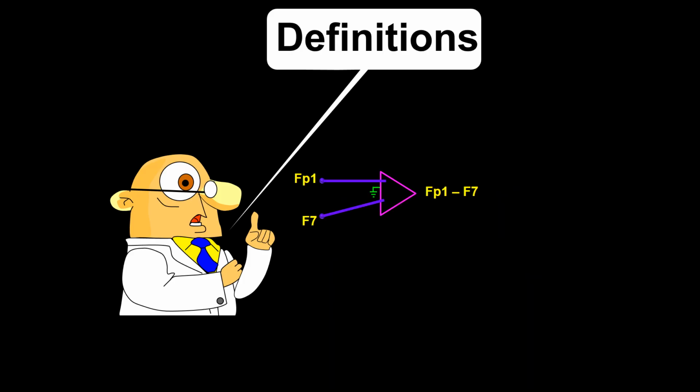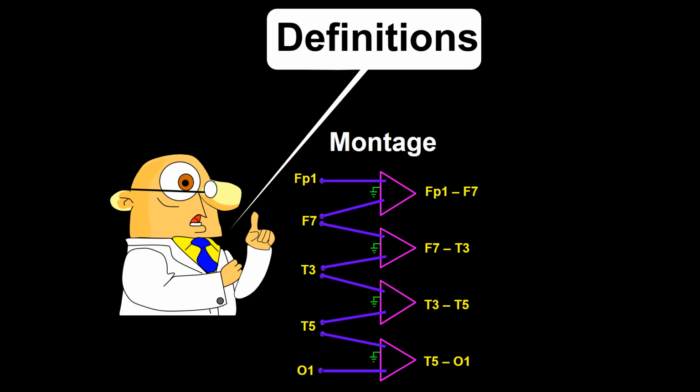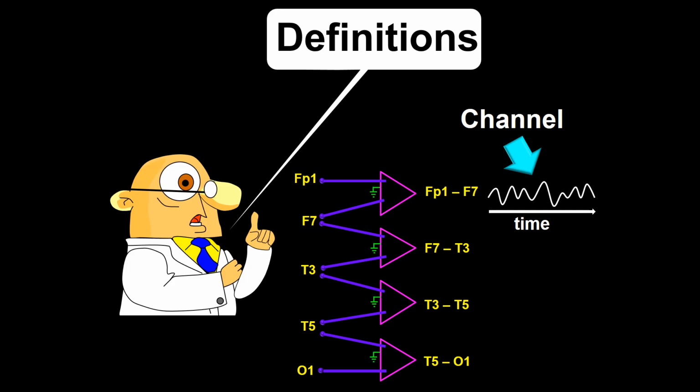2 electrodes, here represented as FP1 and F7, connected to a differential amplifier, constitute a derivation. An orderly arrangement of derivations constitute a montage. The waveforms produced by the potential difference between 2 electrodes attached to the same differential amplifier over time is a channel.